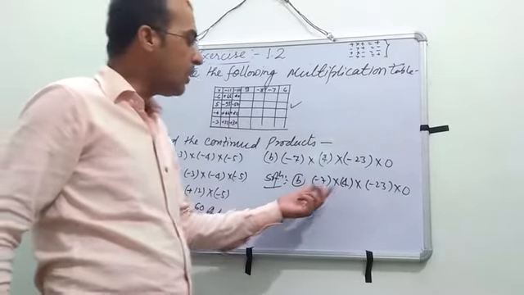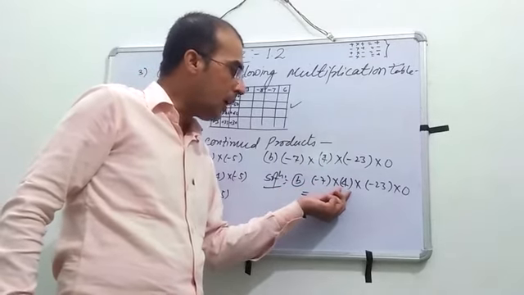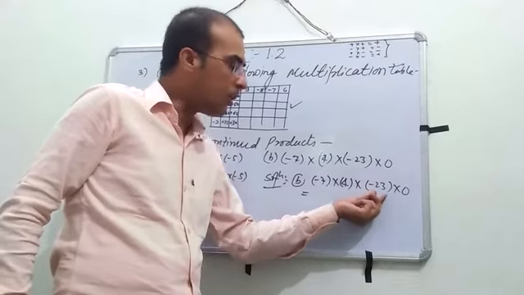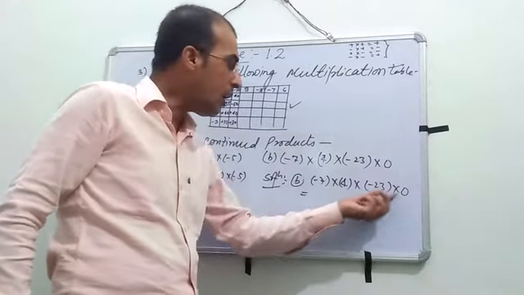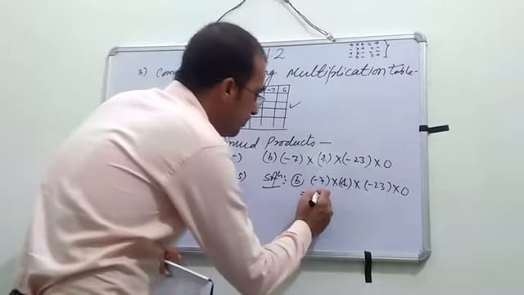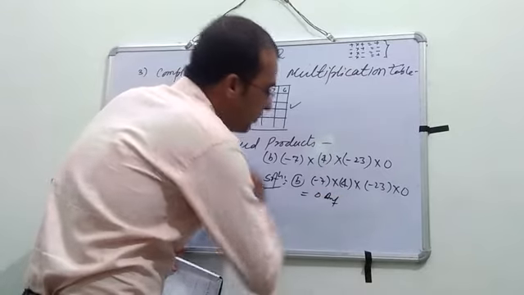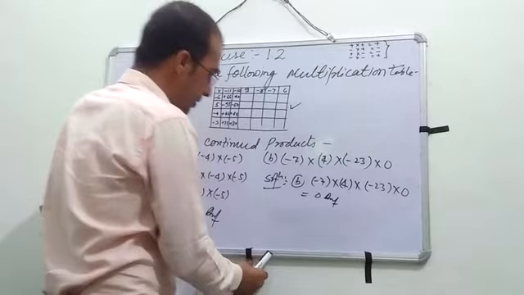So no need to multiply minus 7 into 4 and then minus 23, because in one integer 0 is given. The product of any integer with 0 is always 0. Is it clear?